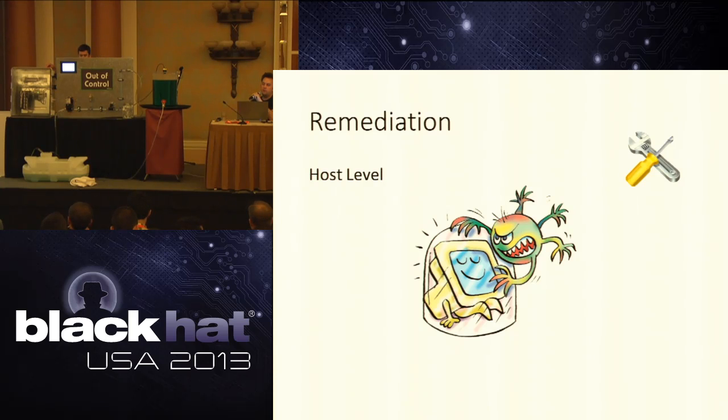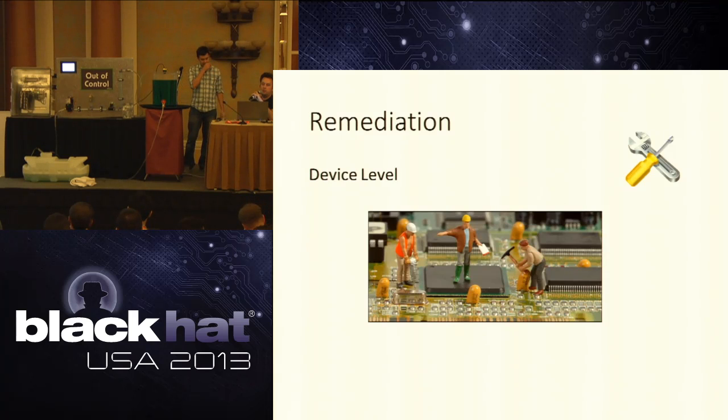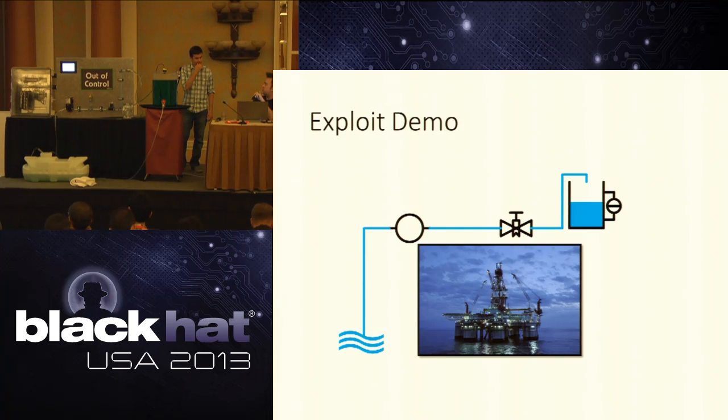At the host level, control systems are especially well suited for newer technologies like application whitelisting, because they only really do a few things and they're not used for general purposes. So they'll restrict the programs that can be run on those endpoints. At the device level, a lot of the remediation is up to the vendors and manufacturers, but there are devices you can put in front of your controllers, kind of like a device-level firewall, that will filter commands that the device can get.